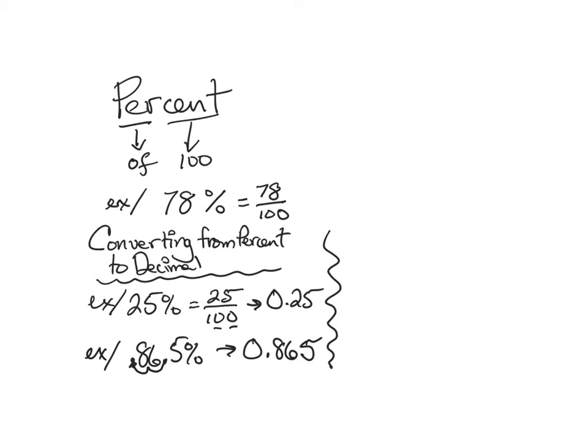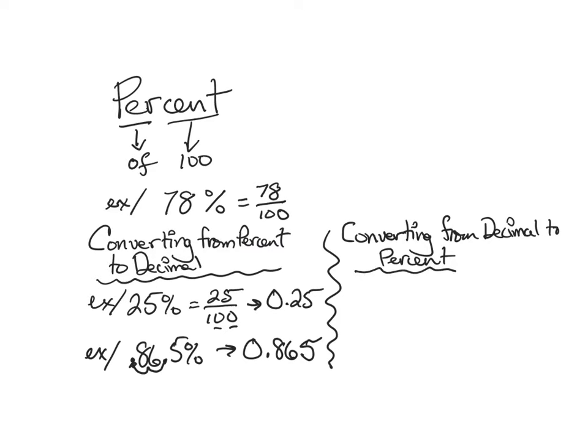We also can convert from a decimal to percent. This should be very easy, because if we think about what we just did over here, we move the decimal to the left 2 spaces.